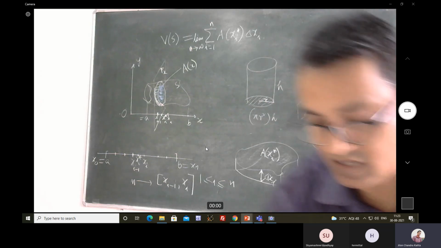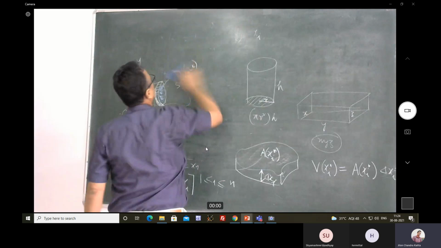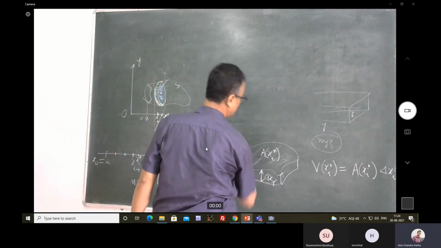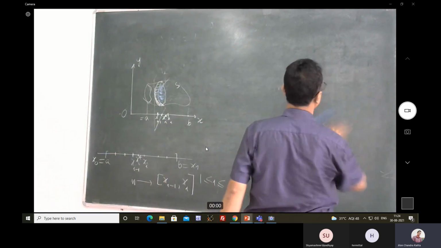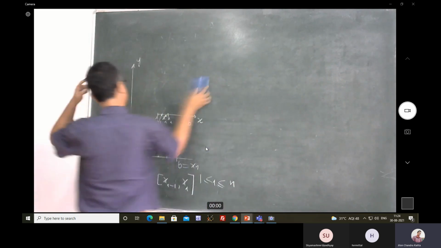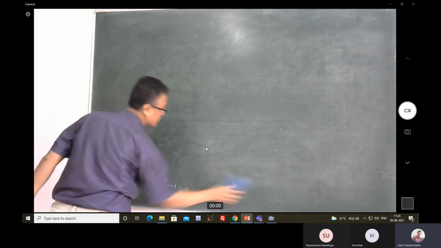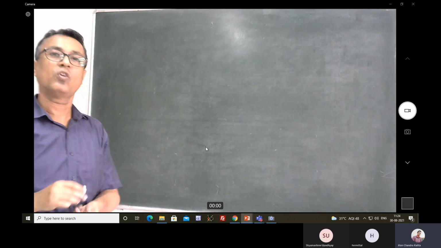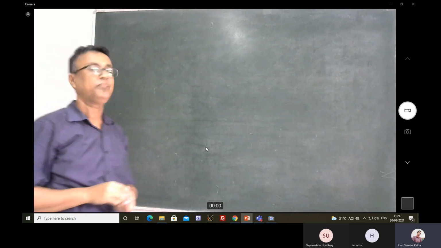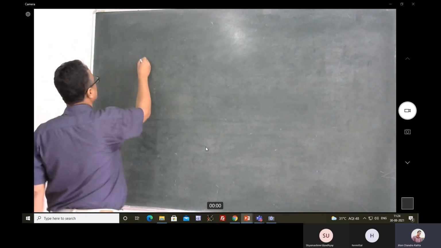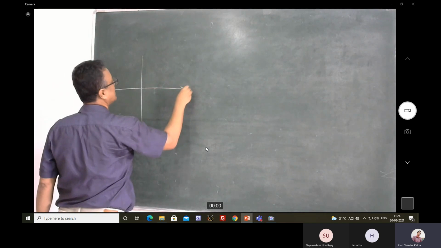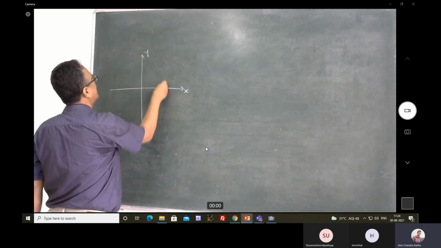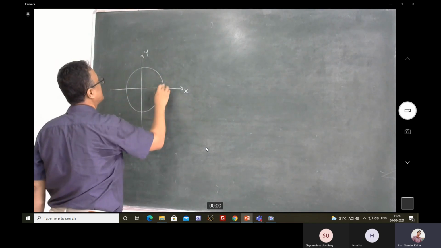Let's start with a very easy example. Suppose we have to find out the volume of a sphere of radius r. Suppose this is my x and this is my y axis, and I am considering a sphere of radius r.